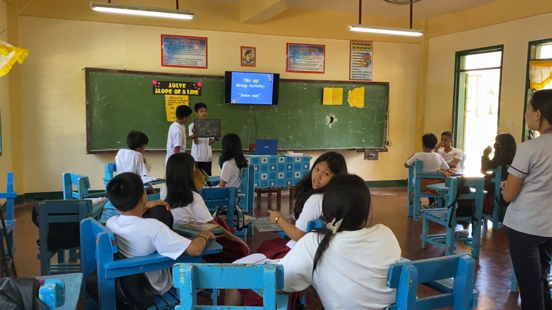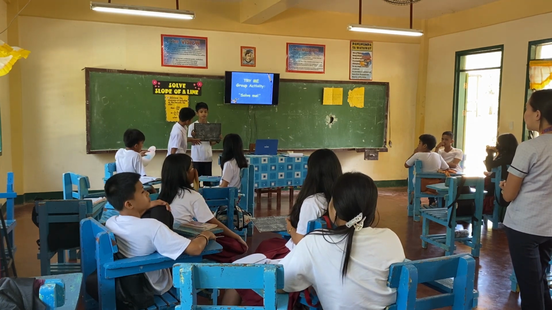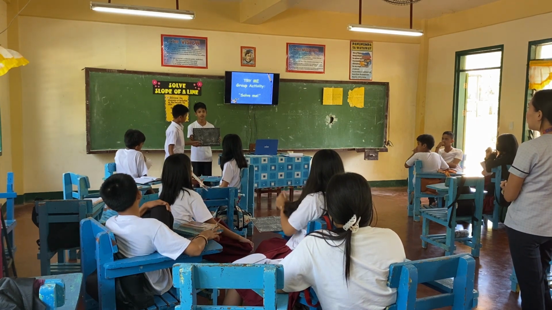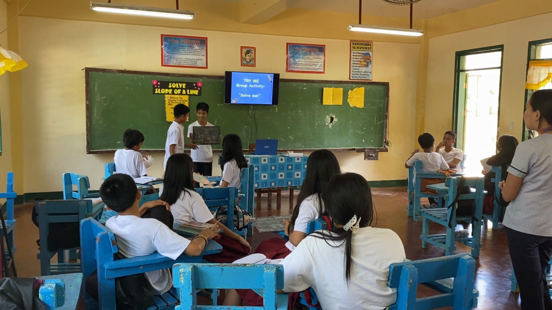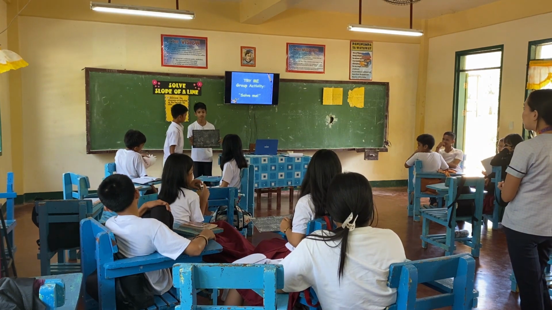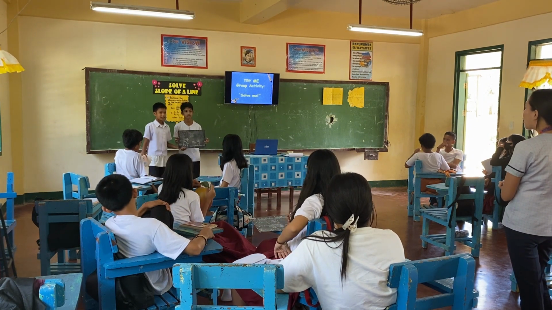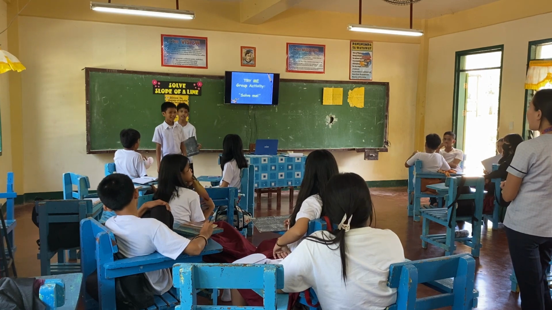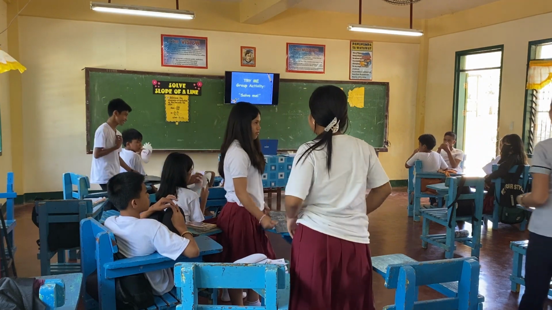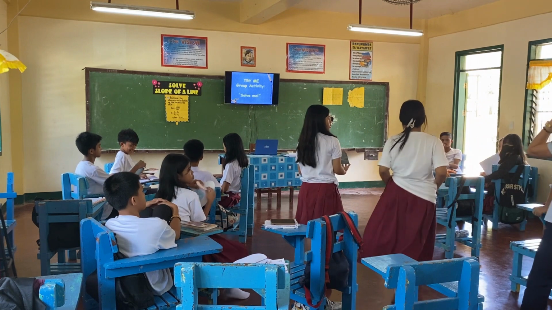Ang x sub 2 ay 6, ang x sub 1 ay 4. 2 minus 5 equals negative 3, over 6 minus 4 equals 2, ma'am. So ang answer, negative 3 over 2. So negative. Their graph is downhill. Okay, very good. Let's give 5 claps to group 2. Okay, proceed to group 3.